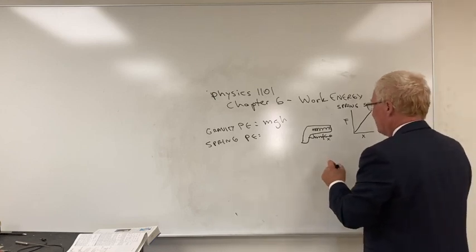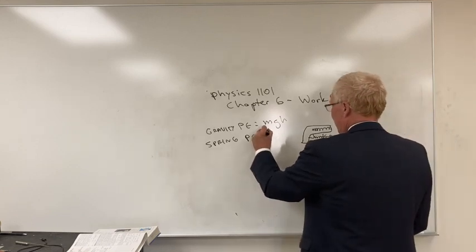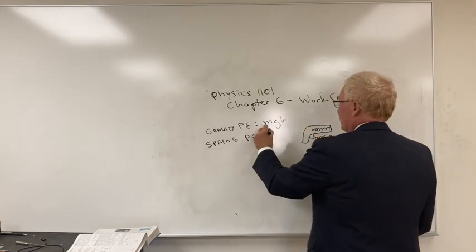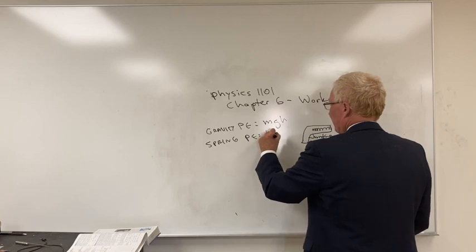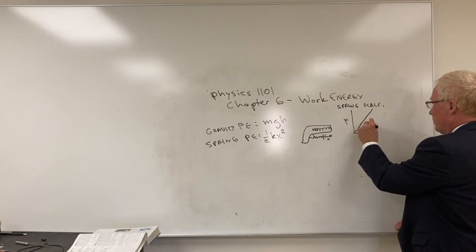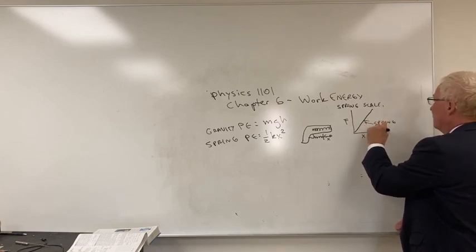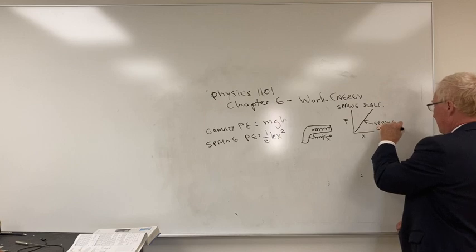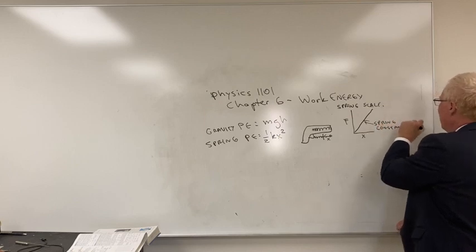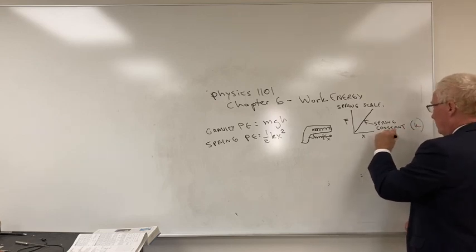So in this case, the potential energy is going to be given by 1/2 kx squared, where k is what we call the spring constant, in units of newtons per meter.